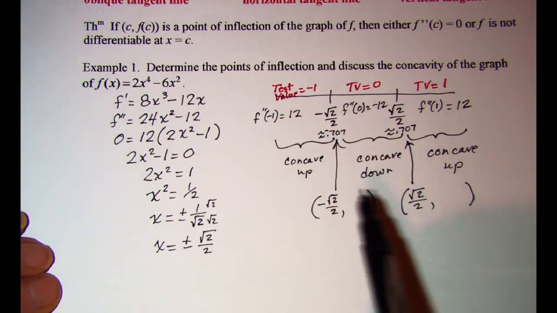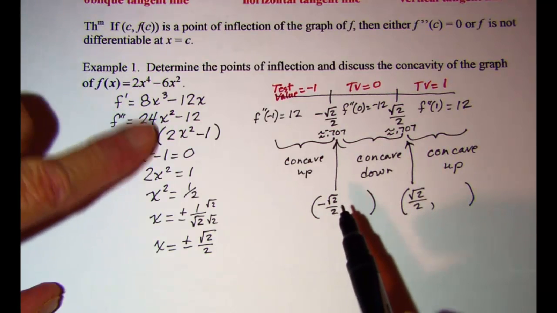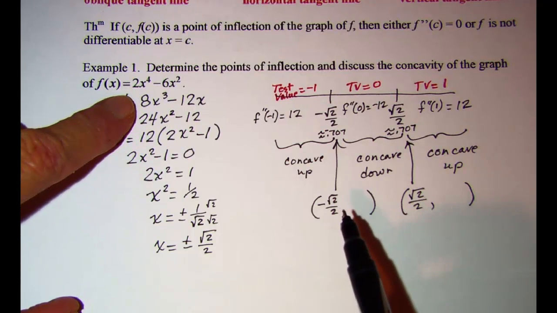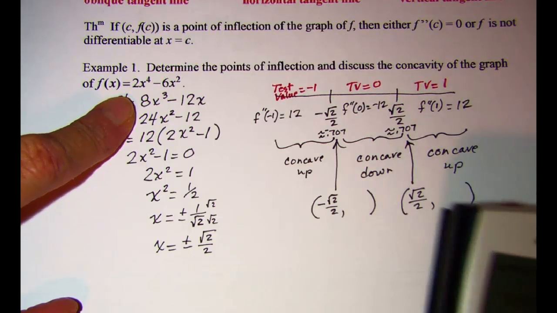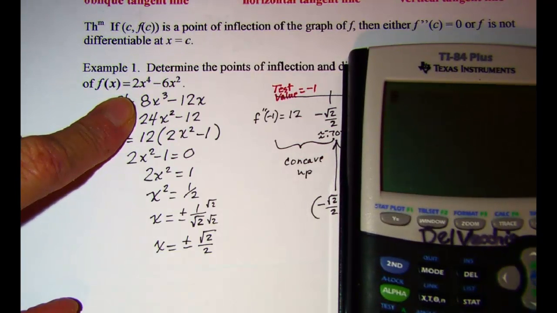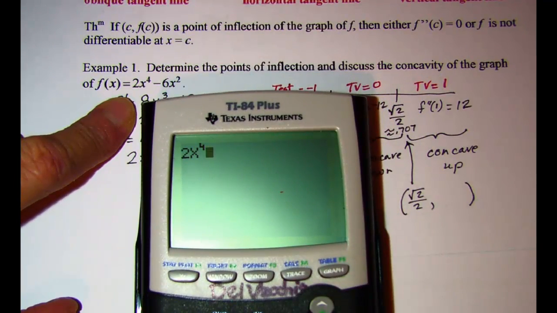I need to find out those y values, so I'm going to put this number into my original function. This is an even function, so the y value will be the same for both. I have 2x raised to the 4th power minus 6x squared.